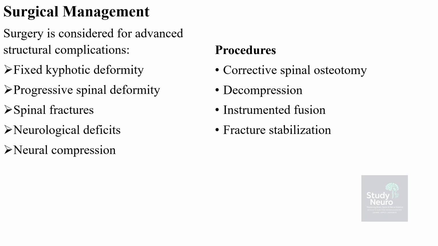Corrective spinal osteotomy can restore spinal alignment in severe fixed deformity, while decompression may relieve pressure on neural structures. Instrumented fusion provides stability, and fracture stabilization is used when the rigid spine has sustained an unstable fracture. These are major procedures. Careful planning is essential.